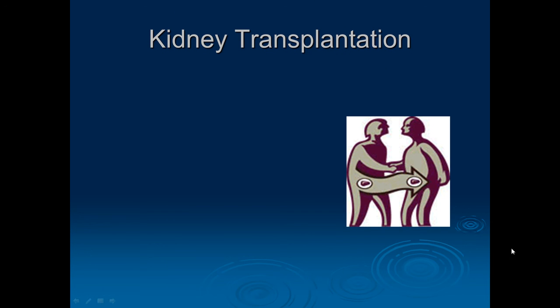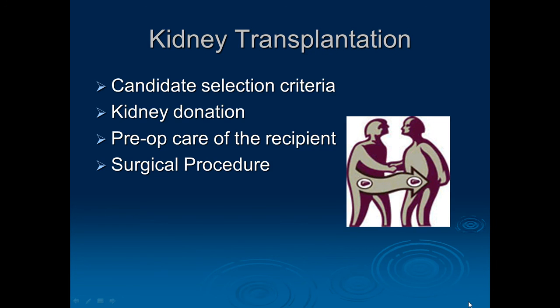The next thing we're going to talk about are kidney transplants. Candidates for transplantation must be free of medical problems that might increase the risk from the procedure. Candidates are accepted for transplant up to 70 years old. And they're evaluated on an individual basis.